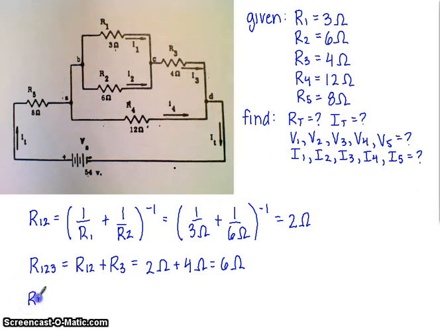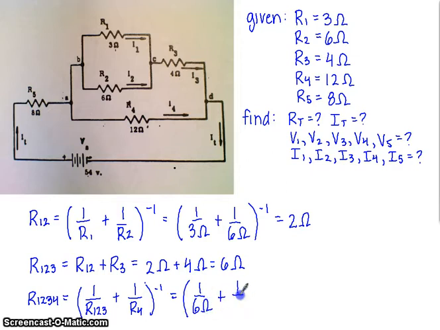So for R1234, we would have to use the parallel combination equation, giving us 4 ohms.